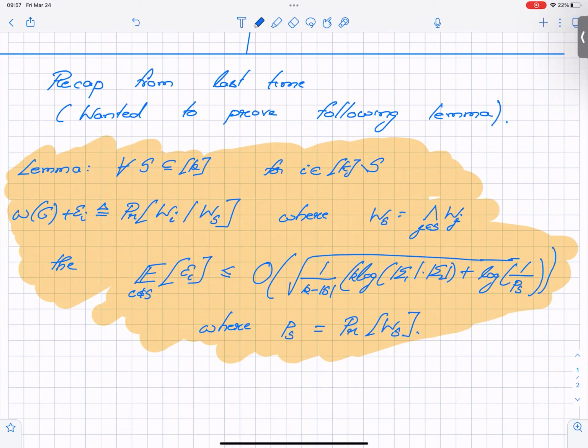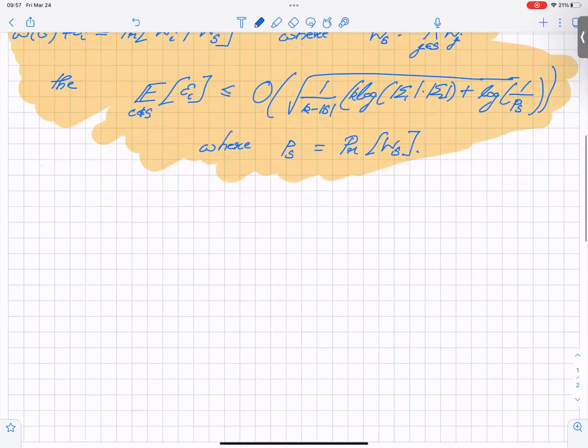And the way we had done this was we were going to generate a common randomness. So once again, let's see, S is a bunch of coordinates. These are sort of the fixed coordinates.